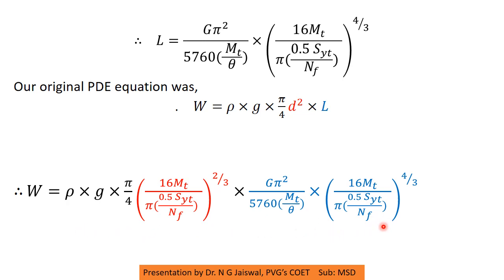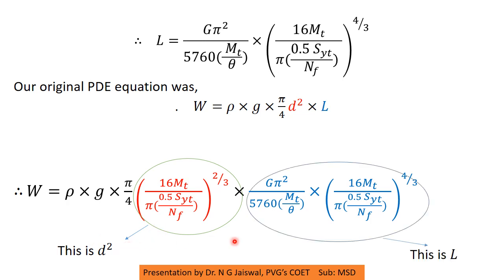So everything is now known. Now the next task must be what? To separate all these parameters into sets of parameters. One set will be dependent on material, the other set independent of material.